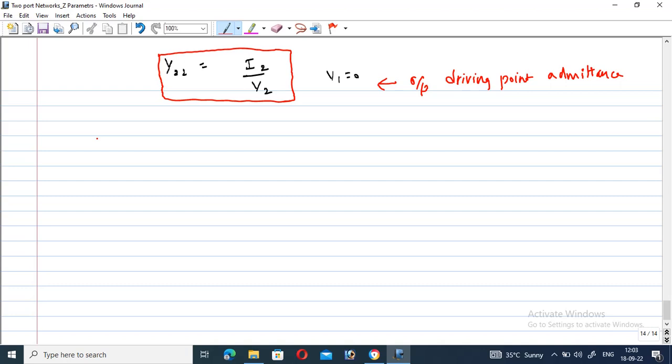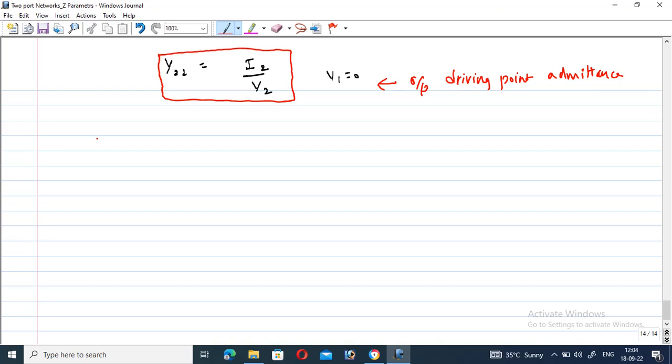Just a minute. From equation 3.12, minus I2 is equal to, it is like a reverse sign actually, right?